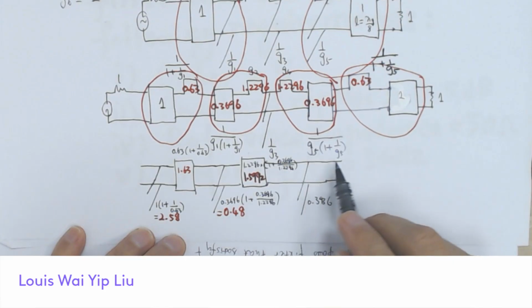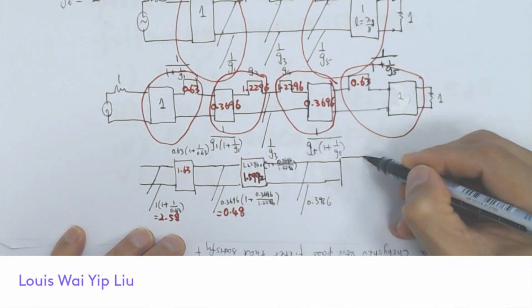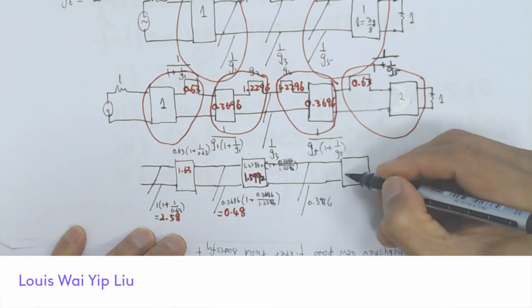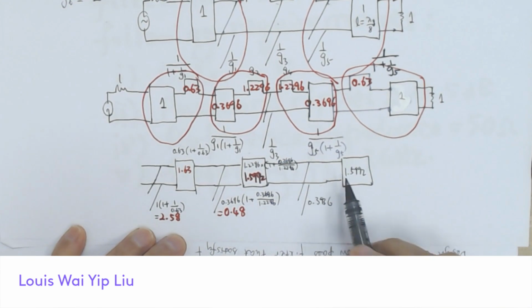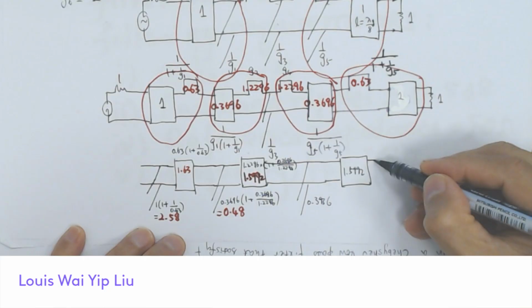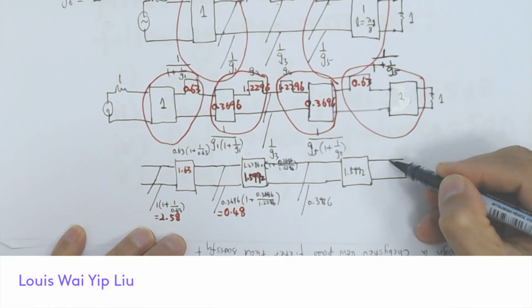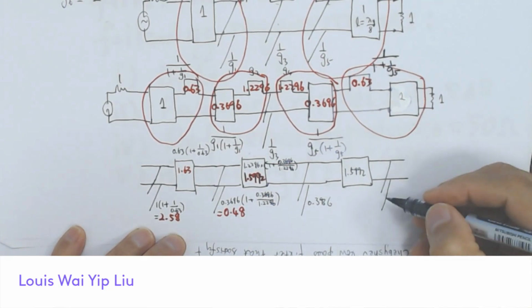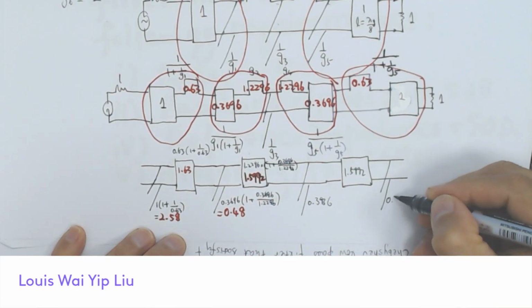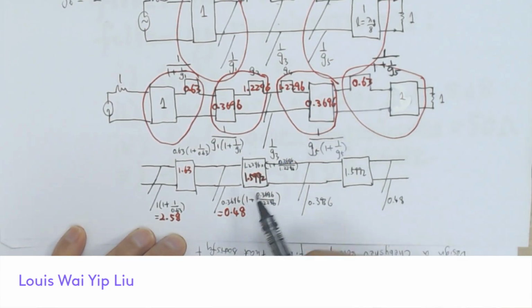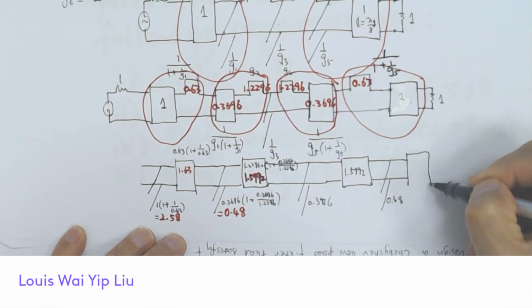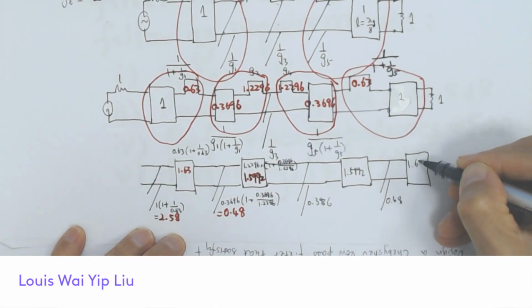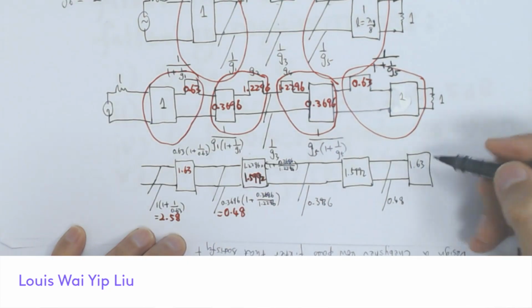Okay, so the rest will be just a copy. So this one will be matched to here, 1.5992, and this one will be the same, and this one will be copied across, 1.63.